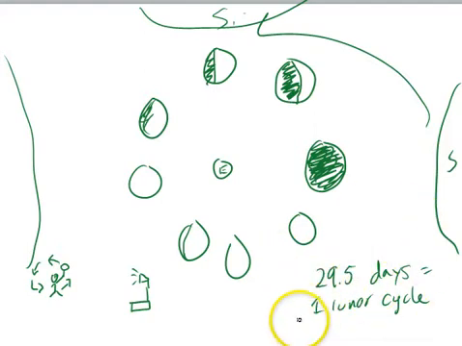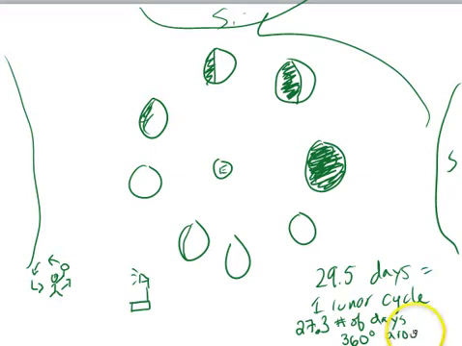The other number is 27.3, and that's the number of days for the moon to go 360 degrees around Earth. And I would be able to answer some questions about why that is, right?